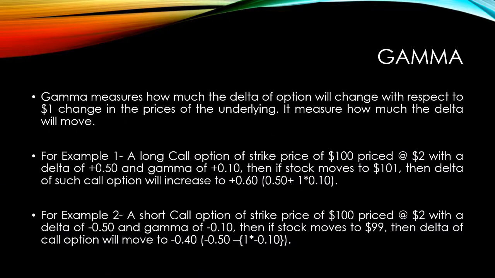So what is gamma? Basically, gamma measures how much the delta of an option will change with respect to a $1 change in the price of the underlying. In the previous video, we noted that delta measures how the price of the option will change with respect to a $1 change in the stock or underlying.